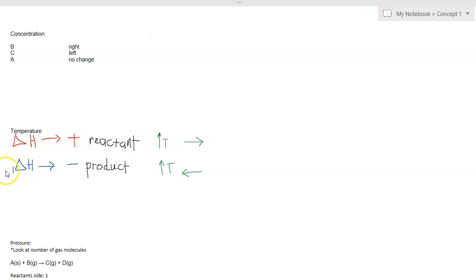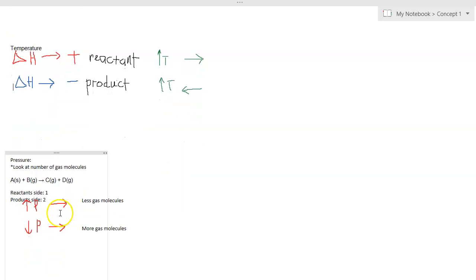However, if the reaction is exothermic, you're treating delta H as a product. So if you're increasing temperature, your system will shift to the left, producing more reactants. If you decrease temperature, the system will shift to the right, producing more products.